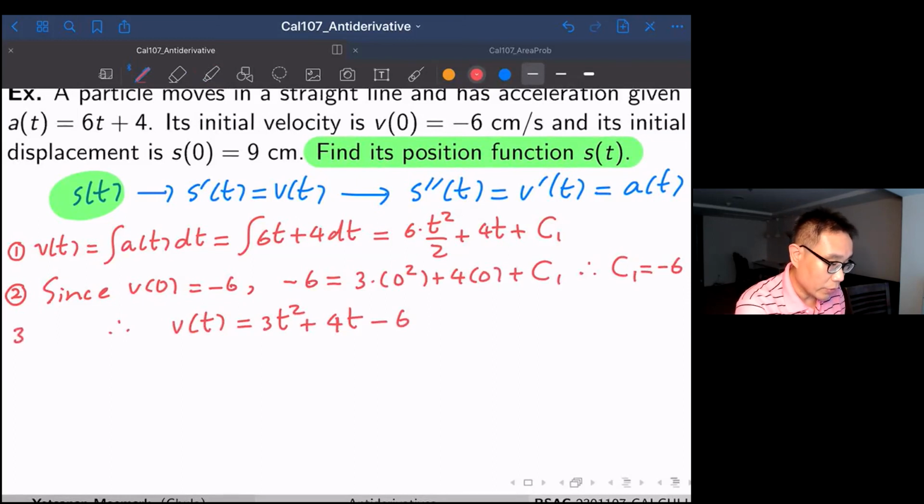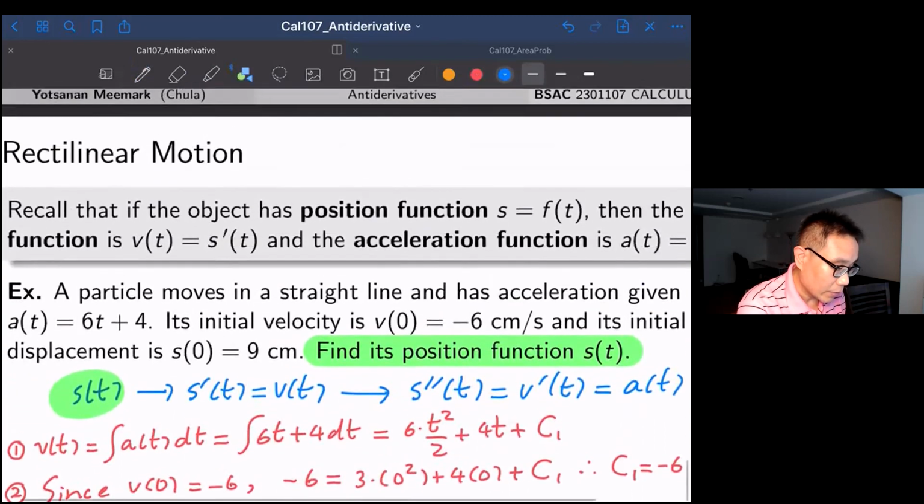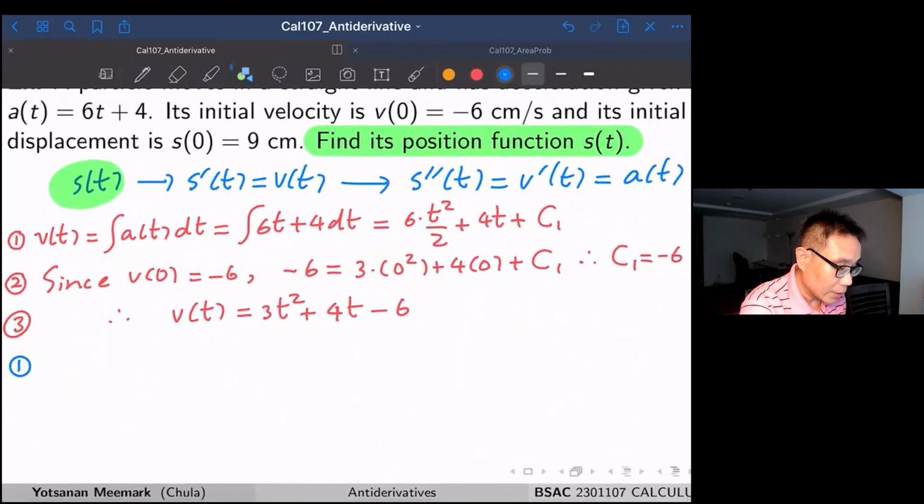This one is your third step. And for the second one, you have to recover s. So s(t) is going to be the integral of 3t squared plus 4t minus 6 dt.